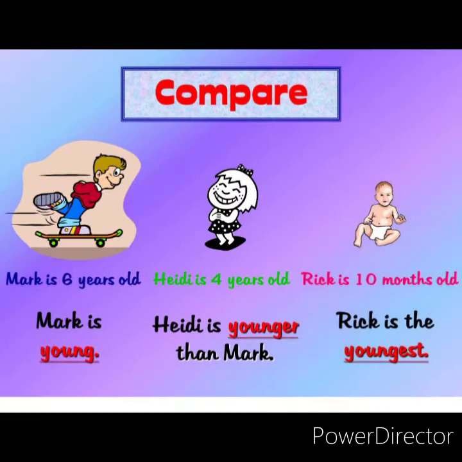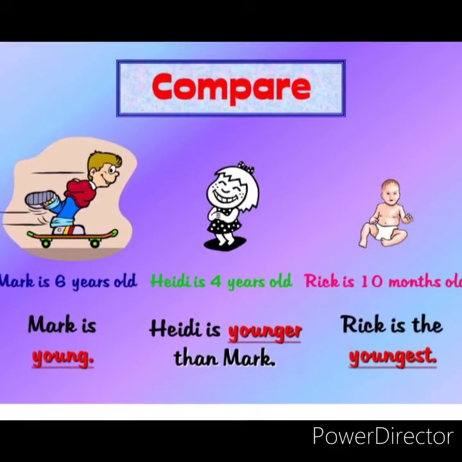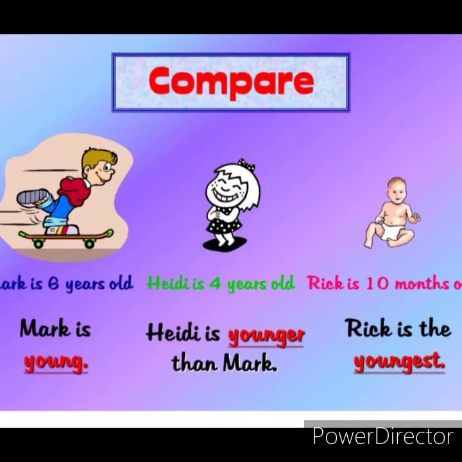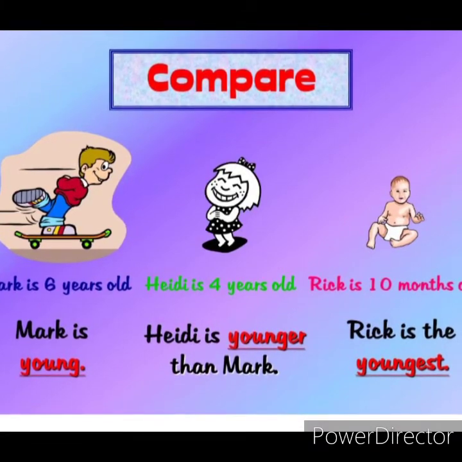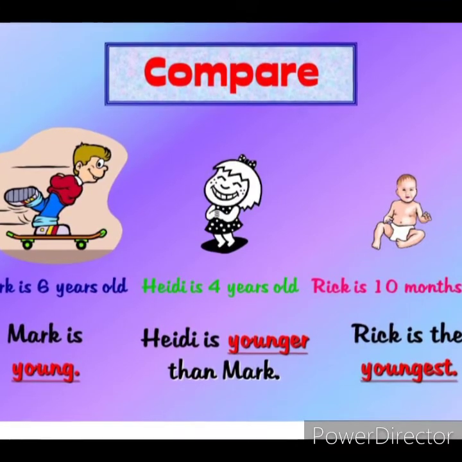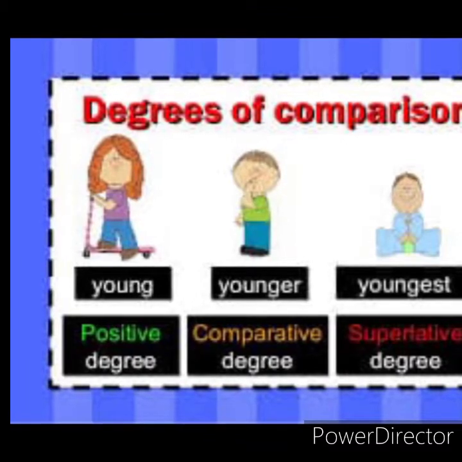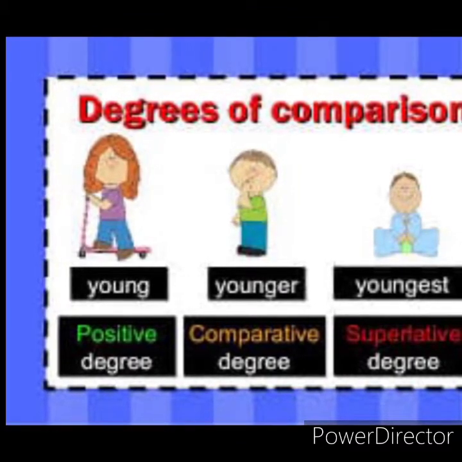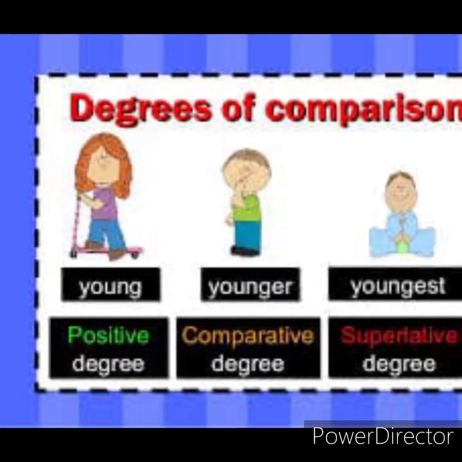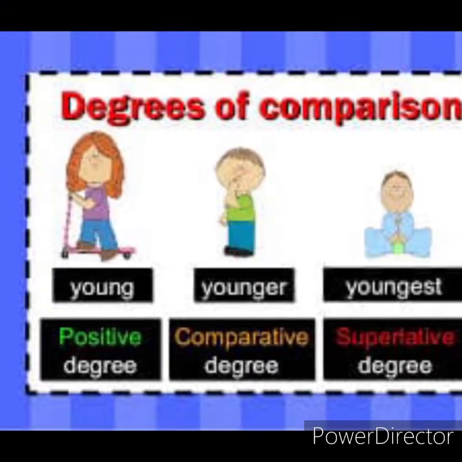Now what's this picture? Here Mark is 6 years old, Harry is 4 years old and Rick is 10 months old. We can understand that Mark is young, Harry is younger than Mark and Rick is the youngest among all three. Here we can see all the 3 degrees. First one is positive, that is Mark is young, because in this we can see only one person.